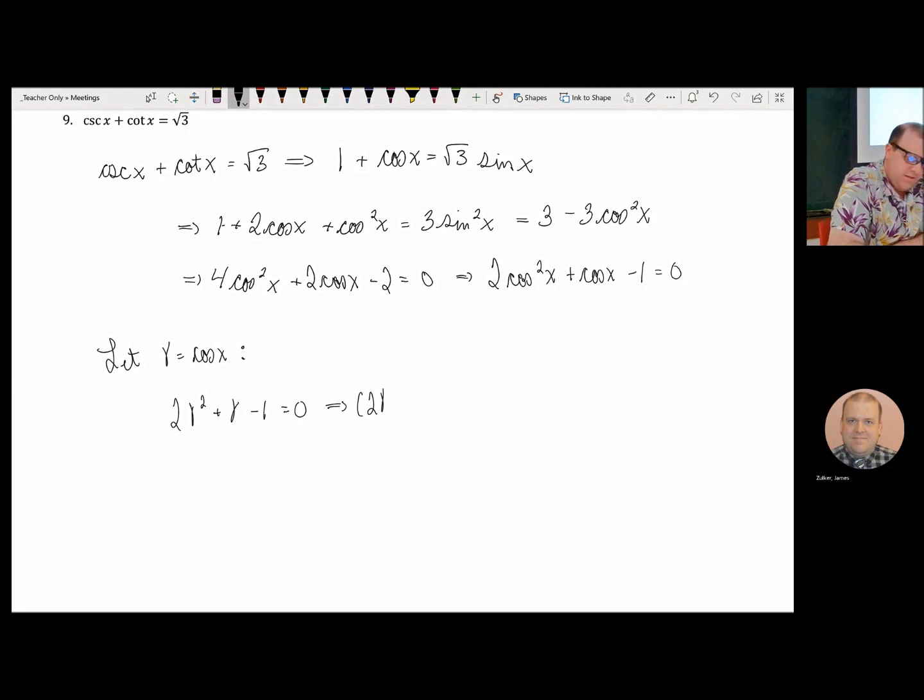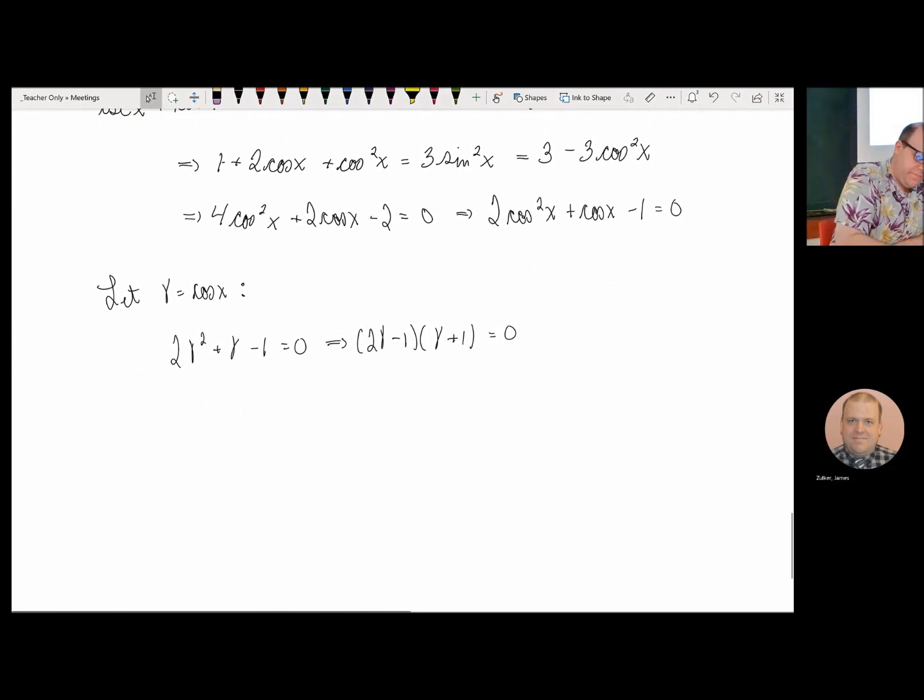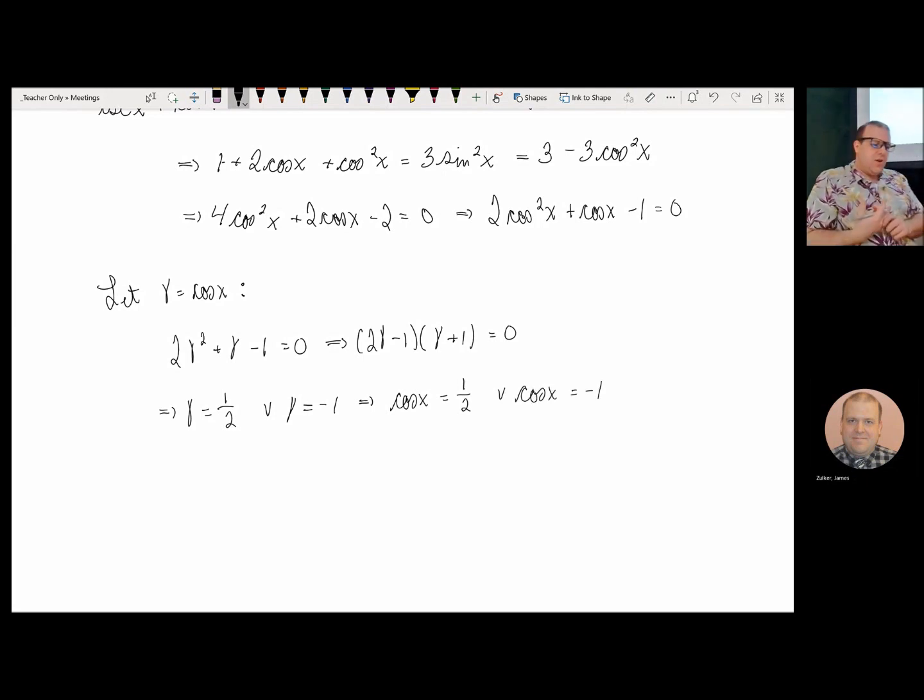Gamma minus 1 times gamma plus 1. Gives us 2 possible solutions, right? Gamma is a half, or gamma is -1. So cosine of x is a half, or cosine of x is -1.